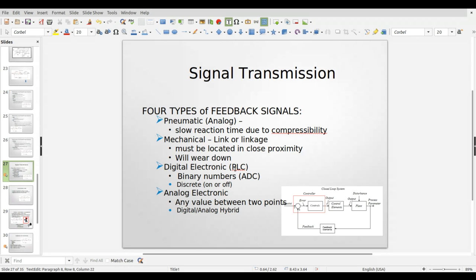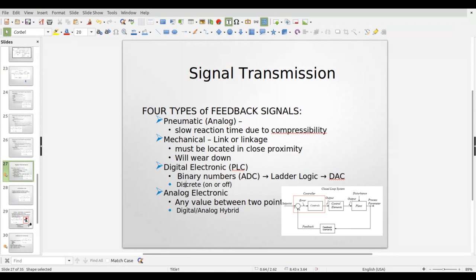Then we're going to execute the ladder logic, or it could be function blocks, or whatever programming language you're using. And then we're going to run it into a digital to analog converter back out as our output. So this would be the analog full control.